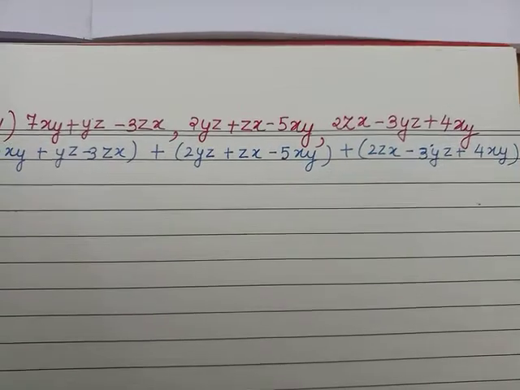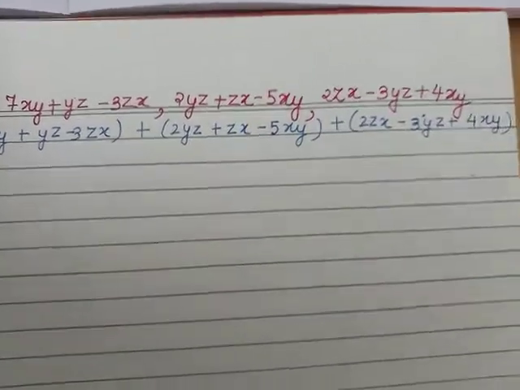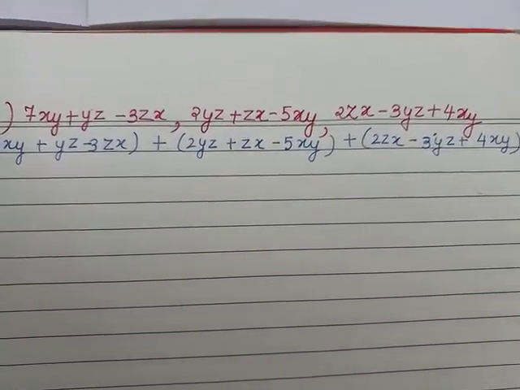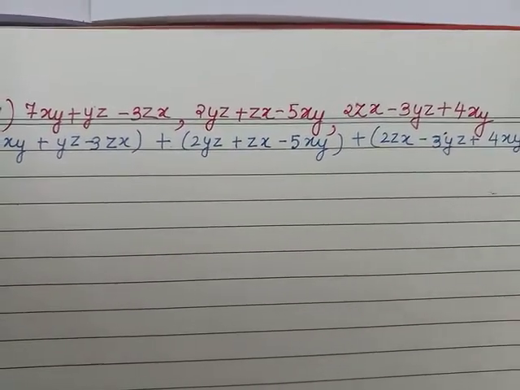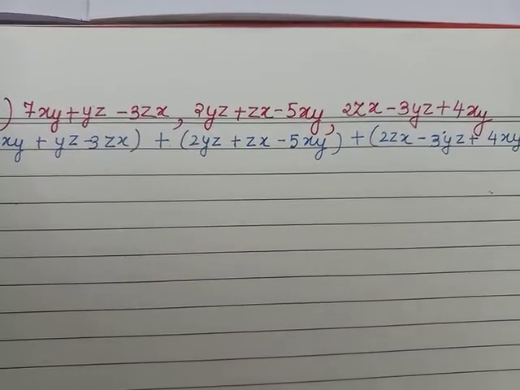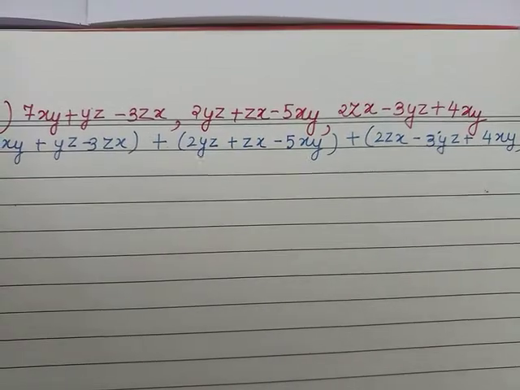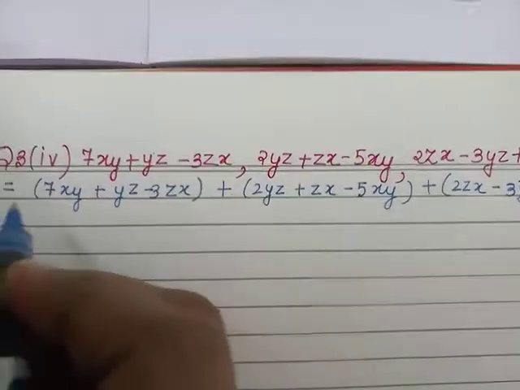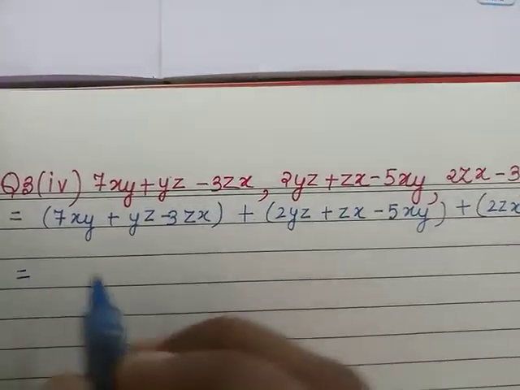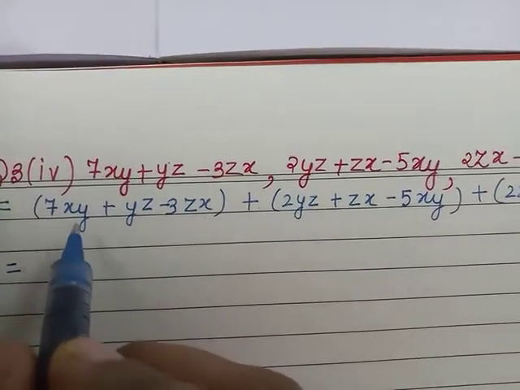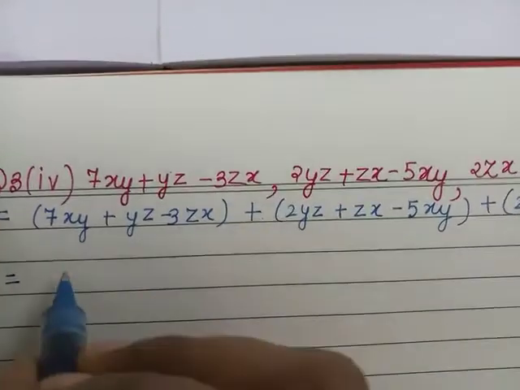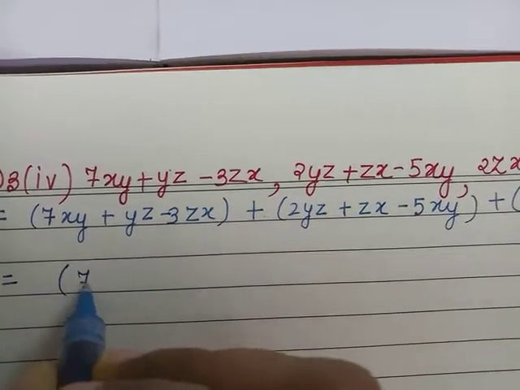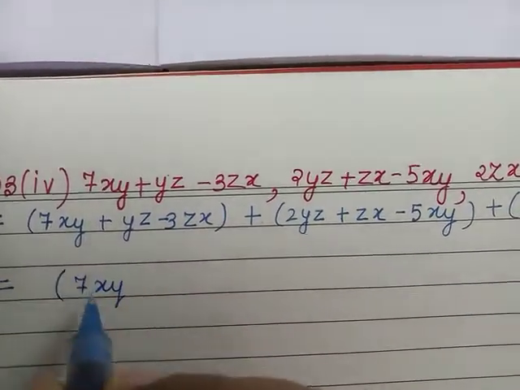Now we separate the like terms, and whenever we are writing the like terms, we write them in one bracket, and we write all the like terms along with their sign. So firstly, I am writing xy terms all together in one bracket. So we have 7xy here, that is plus 7xy.